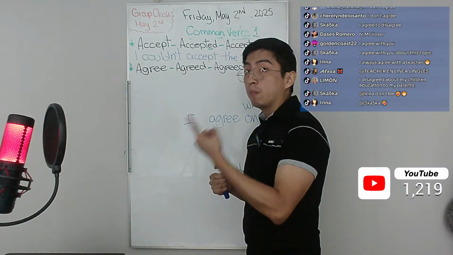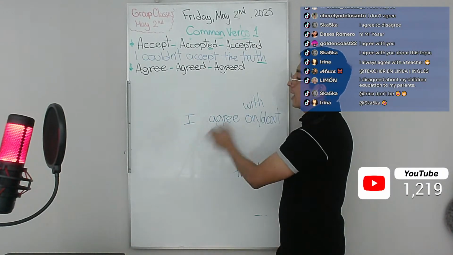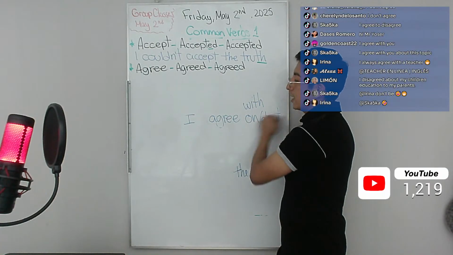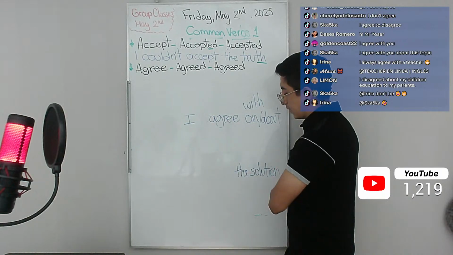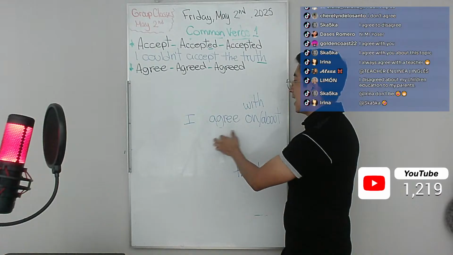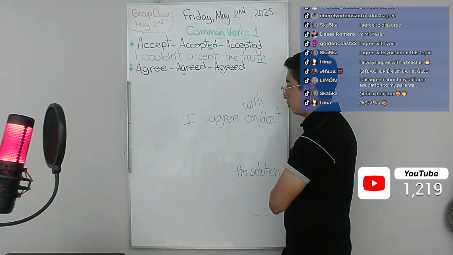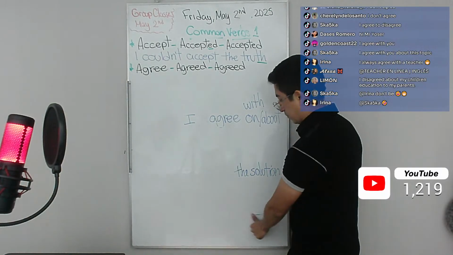Remember, when we're talking about people, okay, we can say with. I agree with you. I agree with the teacher. I agree with your parents. If you're talking about, in this case, things or topics, we can say I agree on that solution. I agree about that solution.